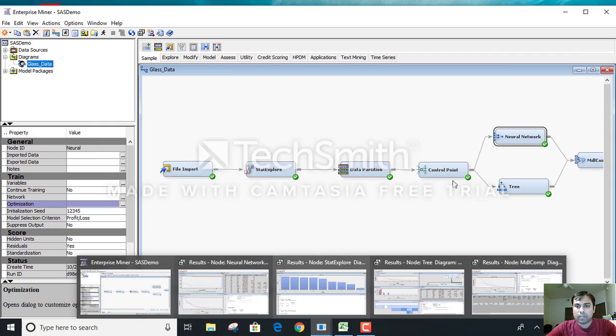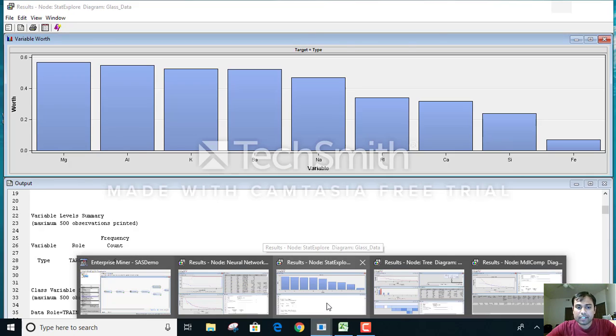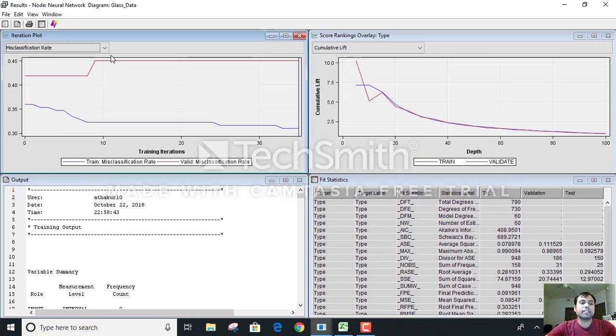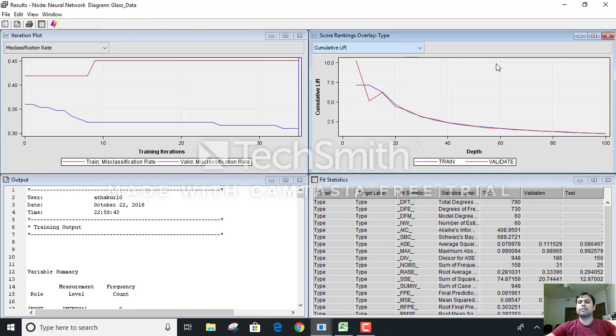Now after running this neural network model, we'll get the results of the neural network. Here is the graph. Here we have the cumulative lift and the gain curve, and here we can see the comparison between train and validate data.